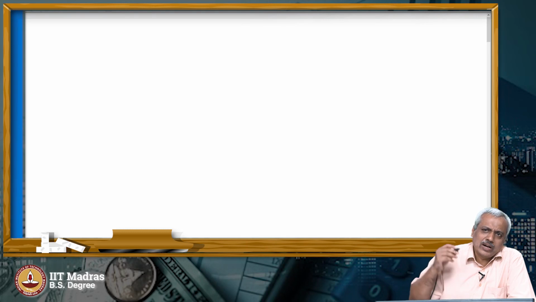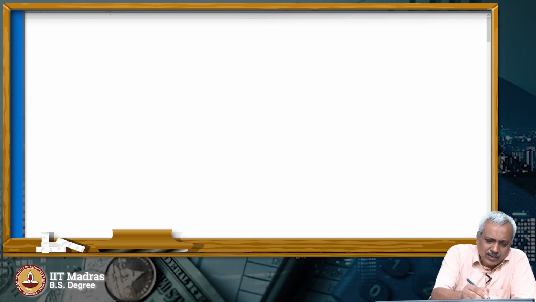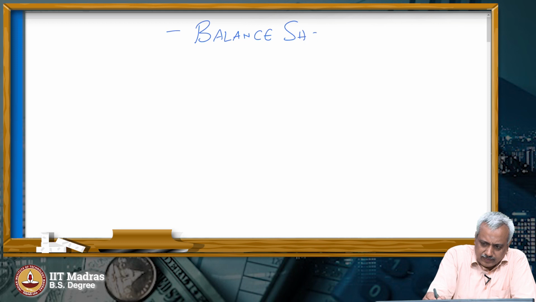Today we will deal with the next financial statement. So far, what did we do? We worked on what is called the balance sheet. Then we worked on what is called the income statement.